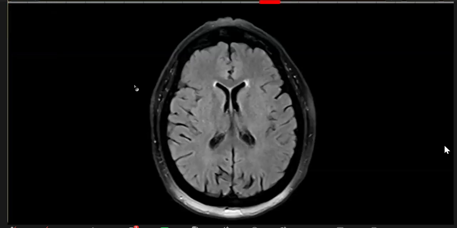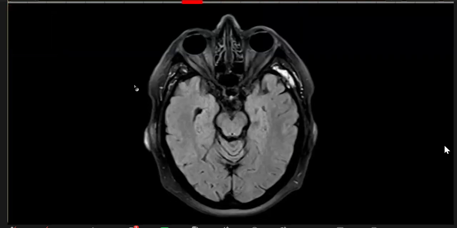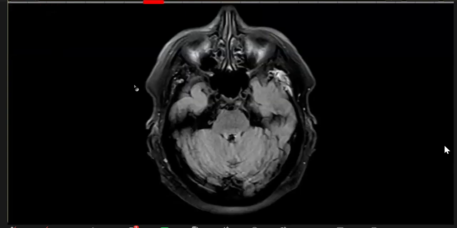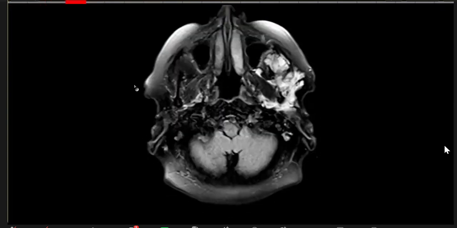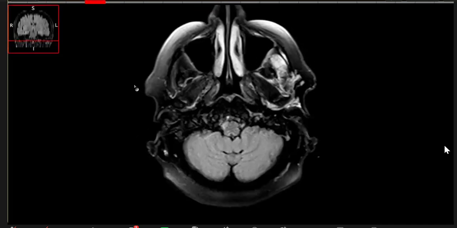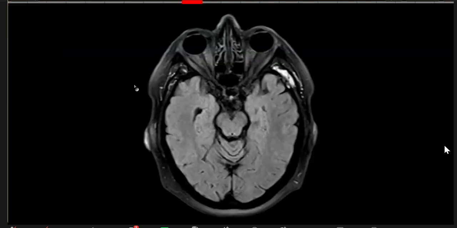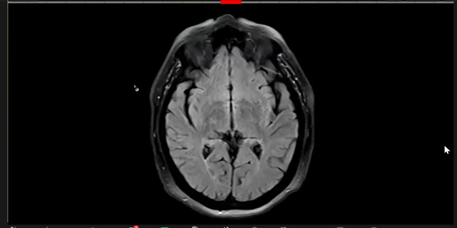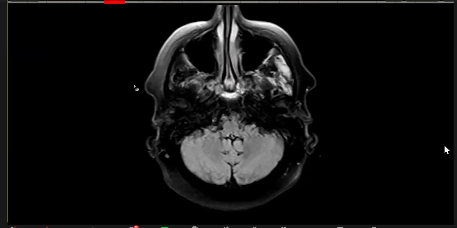Yes. So looking at the images, I noticed that I'm not able to appreciate any significant pathology in these. Madam, look at the base of skull. Hint.